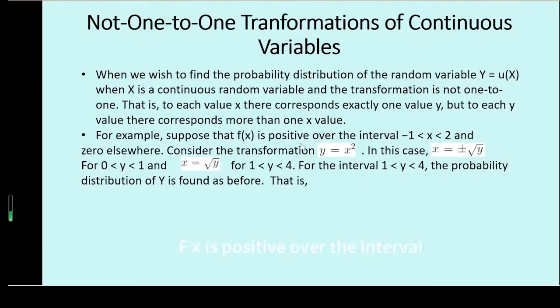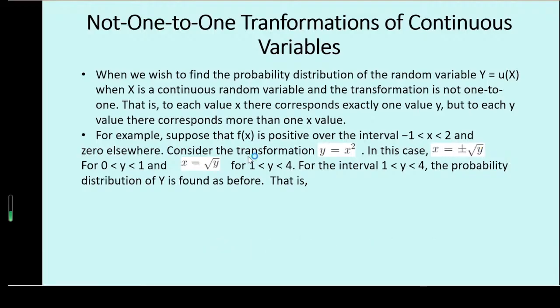So we look at an example. If f(x) is positive over the interval -1 to 2 and 0 elsewhere, we consider the transformation function y equals x squared. In this case, x equals plus and minus square root of y, right?